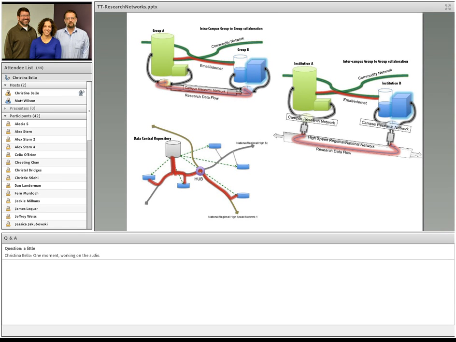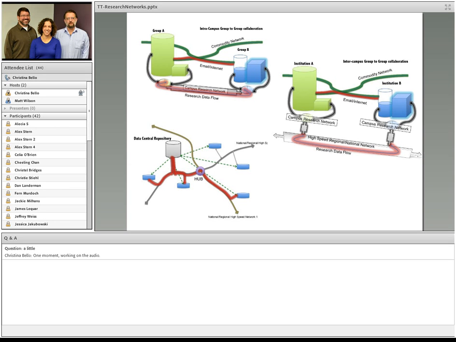And a much more macro-scale view of this: let's say you have a central repository that contains some data, let's say biomedical data, and all these research institutions need to access it. The optimal solution is to have these research institutions connected to dedicated research networks onto main superhighways of traffic, let's say a national or regional high-speed network, and follow that path to get the data back and forth in the repository.